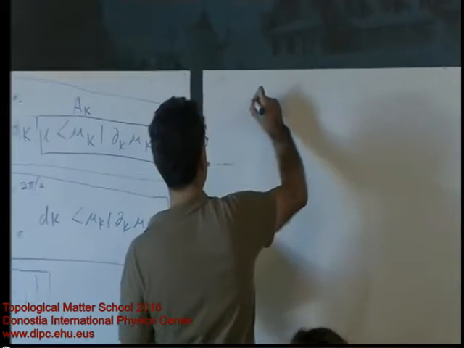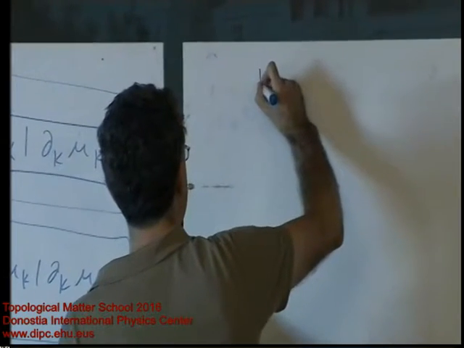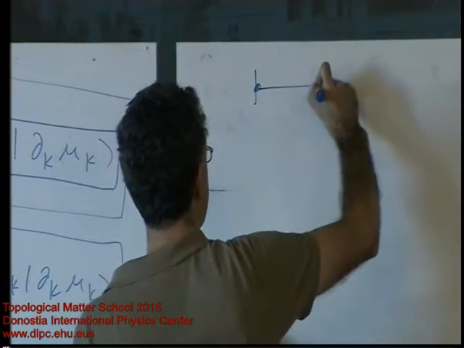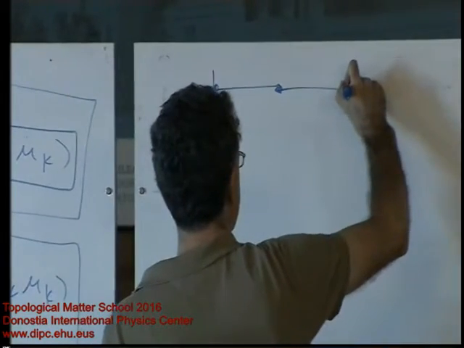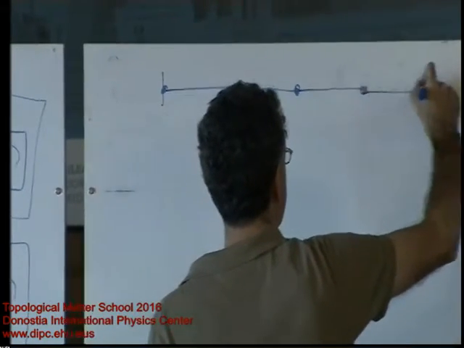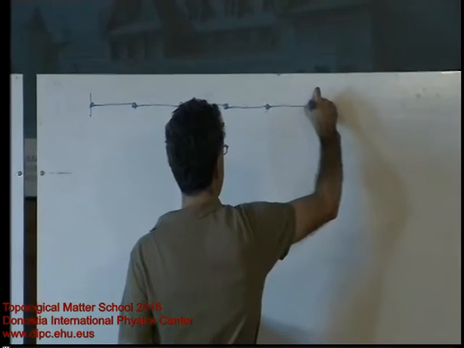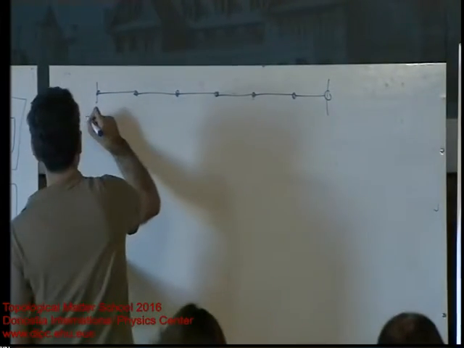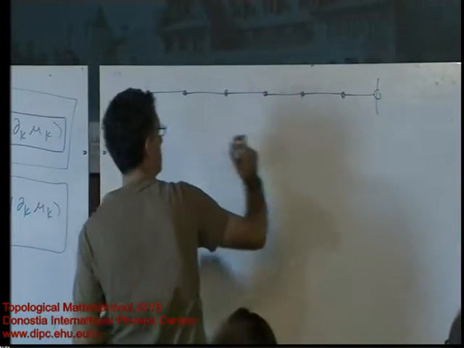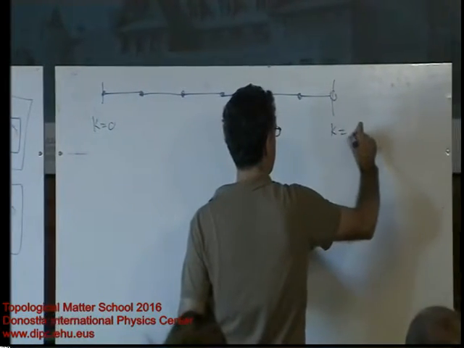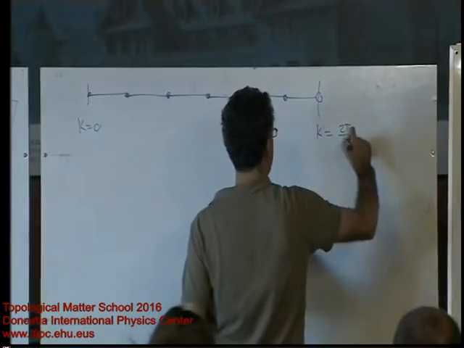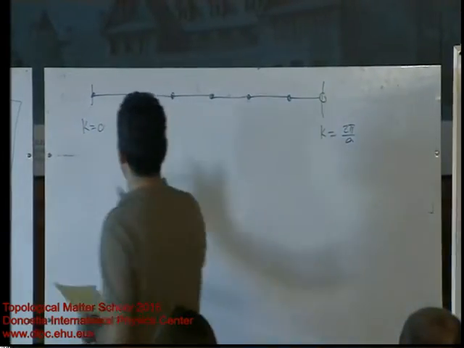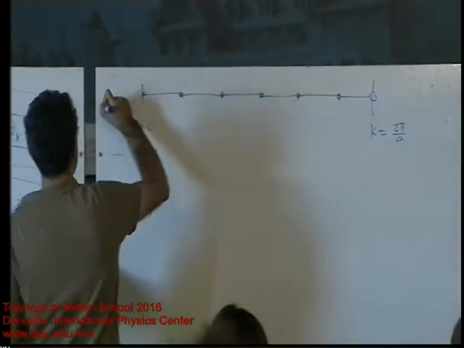So just to set the stage, let me discretize my Brillouin zone into 6 segments, so N equals 6.